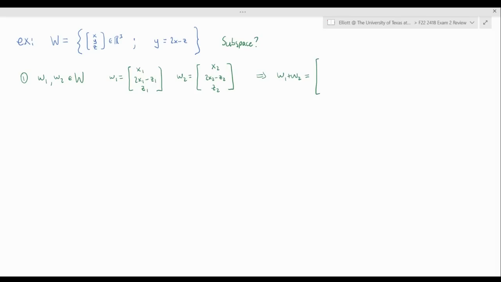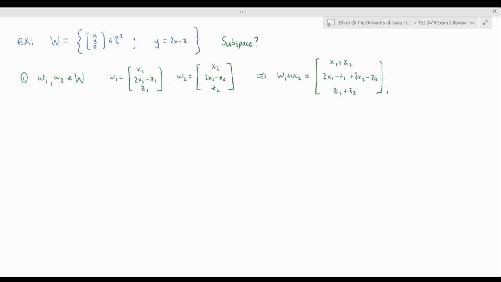Of course, addition of vectors is just component-wise, so you're going to get x1 plus x2 for the x coordinate, 2x1 minus z1 plus 2x2 minus z2 for the y coordinate, and then the z coordinate is just z1 plus z2. That's coming straight from adding W1 and W2.